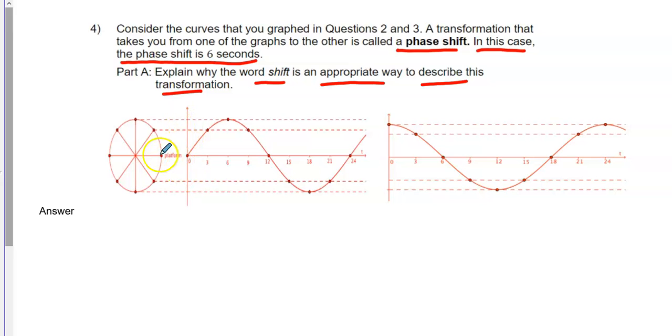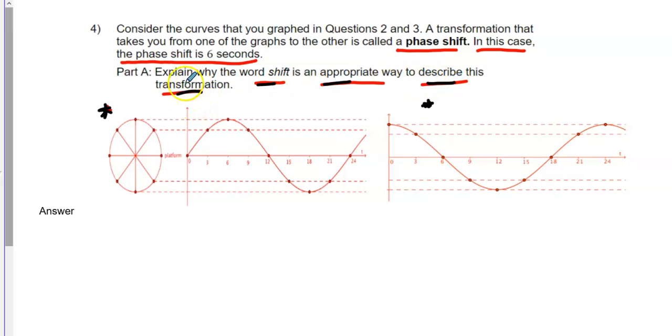And so for the first one, when we were looking for the vertical positions, this is what we had. And then when we were looking for the horizontal positions, that is what we have. Now this graph has been shifted, so explain why the word shift is an appropriate way to describe the transformation.